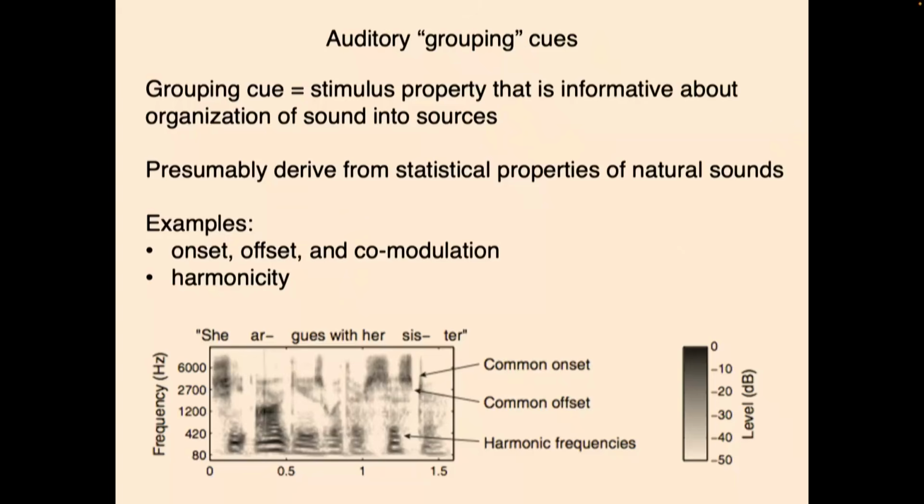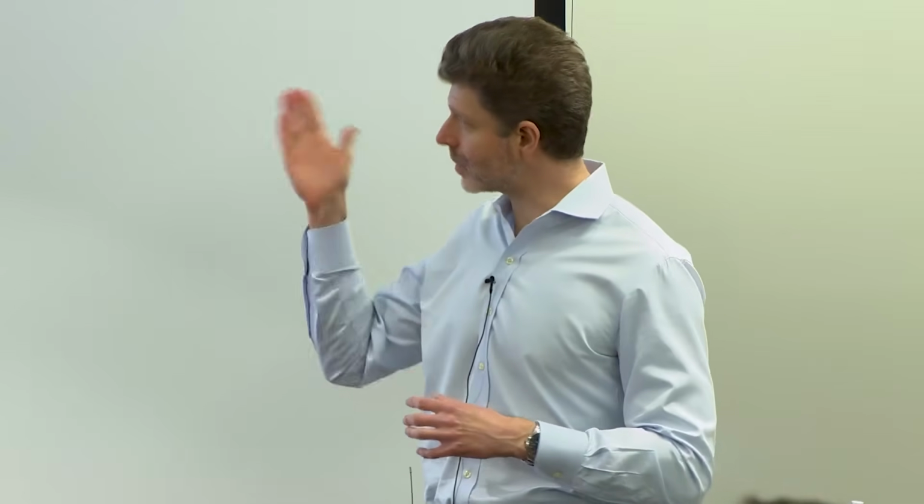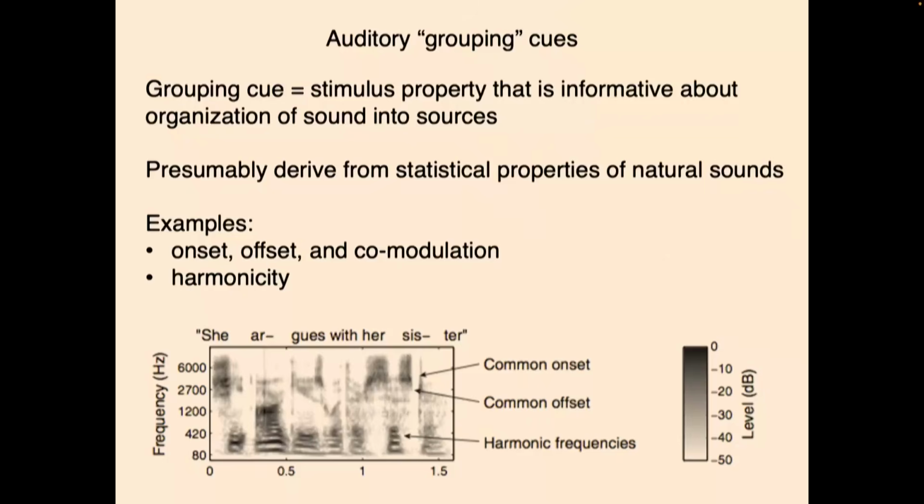Similarly, grouping cues are thought of as stimulus properties that are informative about the organization of sound into sources. We believe that these cues derive from statistical properties of natural sounds, and we'll talk about a number of examples. Two obvious examples are shown here: onset and offset, and harmonicity.